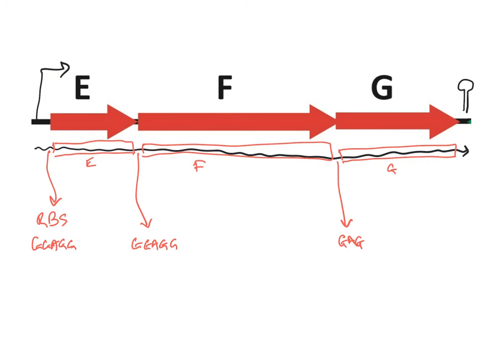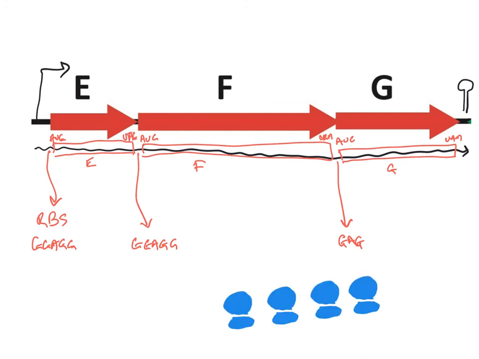And they'll each have their own start codon. So right at the start here will be an AUG, and here, and here. And they'll each have their own stop codon, showing the 3 different types of stop codons that you can have.